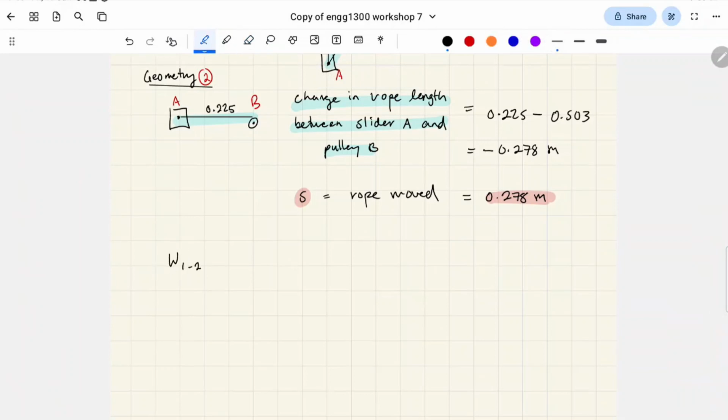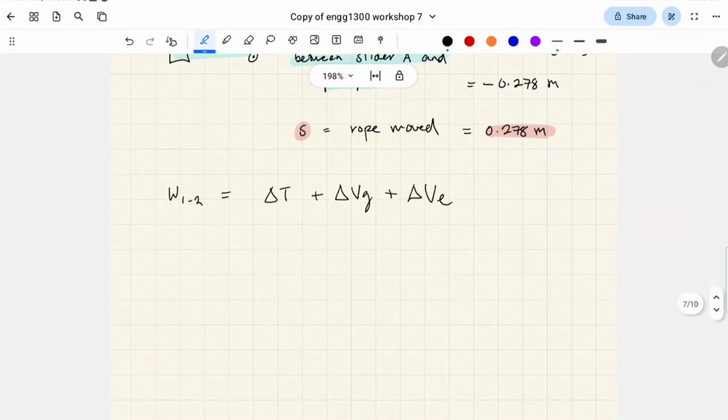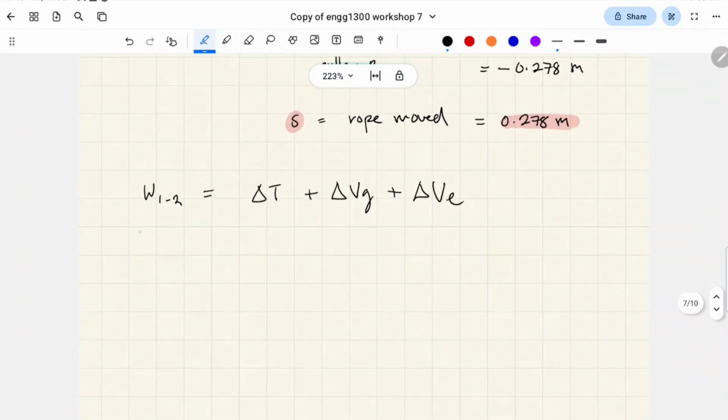Sorry, work from 1 to 2 is delta T plus delta VG plus delta VE. Okay, I'm going to write down all the formulas for these first.